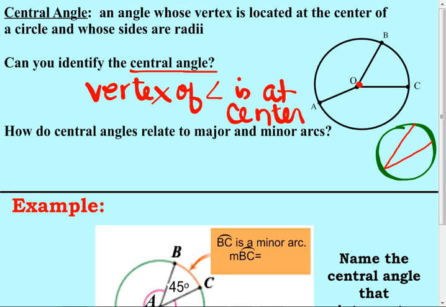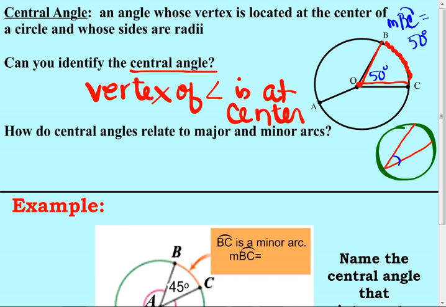And we have an interesting situation here. If this is my central angle, the measure of this minor arc equals the measure of the central angle. Okay, Curran? So if this is 50 degrees, then the measure of this arc, which we write M arc BC, equals 50 degrees. This is not going to be true on that inscribed angle.